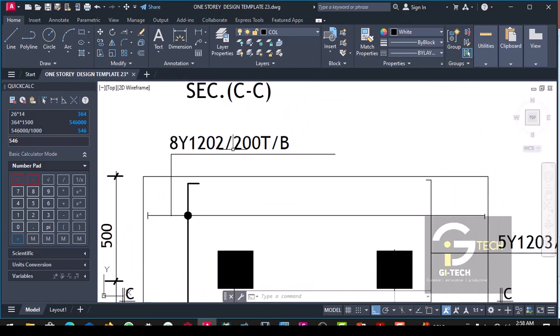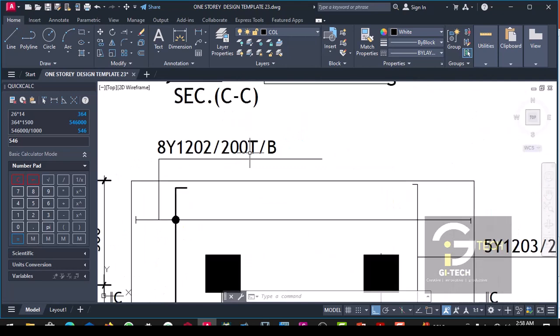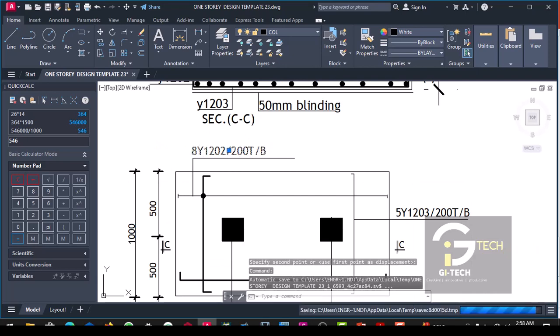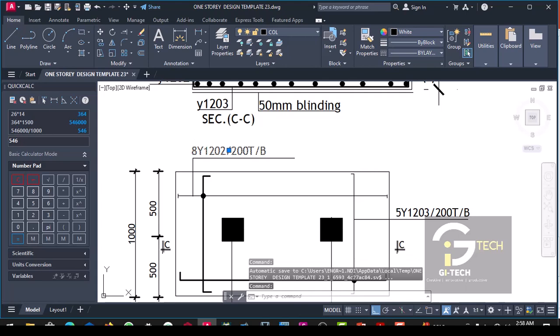Now I want you to understand that this reinforcement is top and bottom. So what we do is we multiply this by 2.